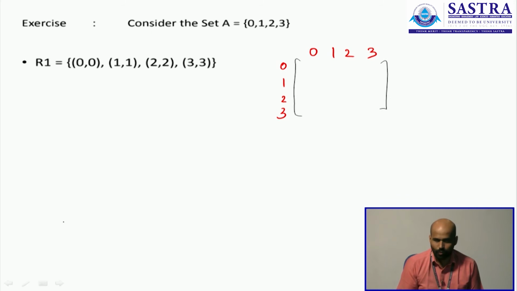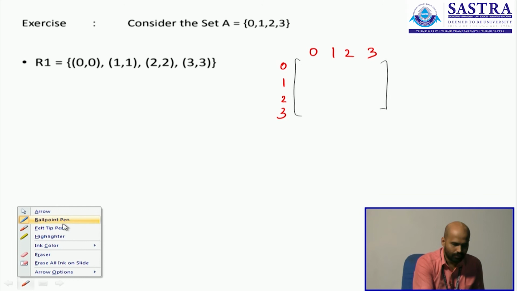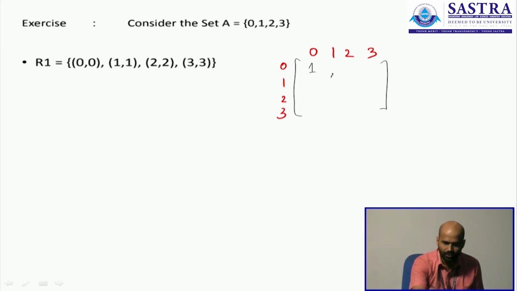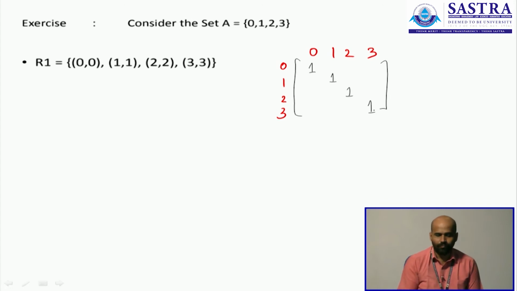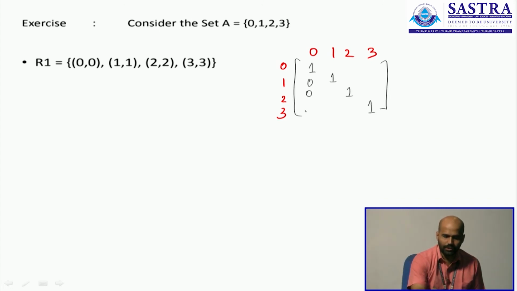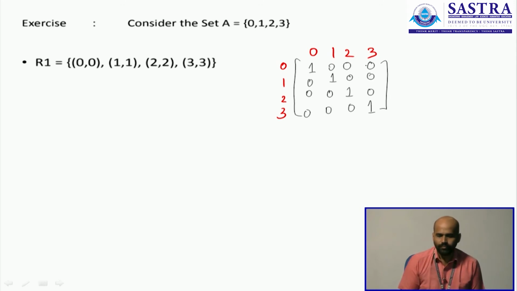So only 4 of them are ones and the others are zeros, and those 4 elements are 0 0. So this is a 1. 1 1. So the second row, second column is a 1. A 2 2, third row, third column is a 1, and a 3 3, which means the fourth row, fourth column is a 1. The remaining are zeros. So only 4 of the entries are 1, all the remaining 12 entries are zeros, and this matrix can be used to represent this relation.